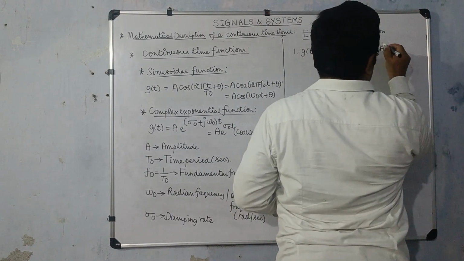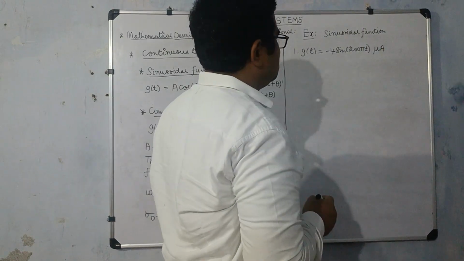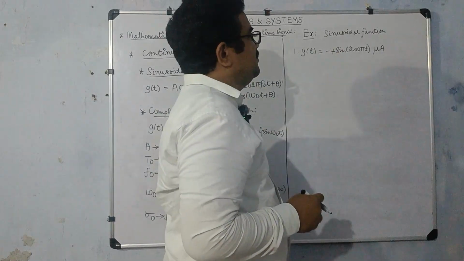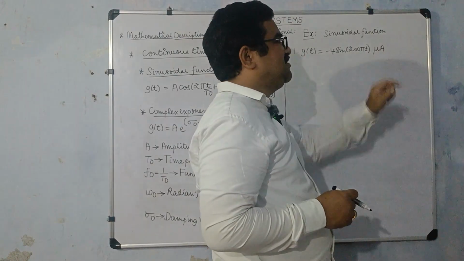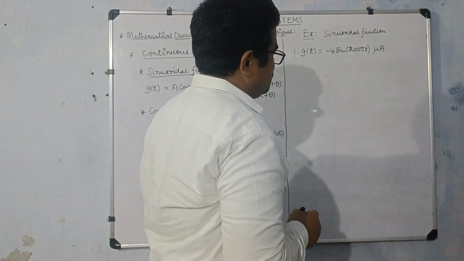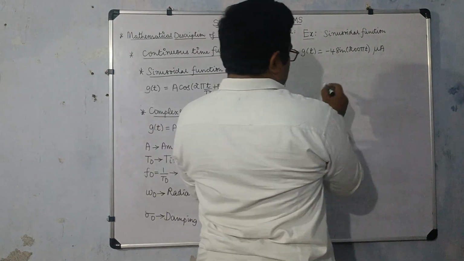The unit is microamperes. So what does that mean? My signal, which is represented as a function, is a current signal. That is why it has the unit of microamperes. So how do we draw this?